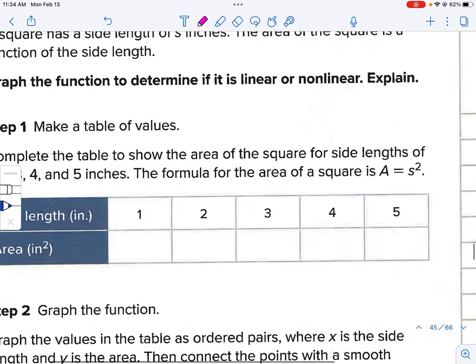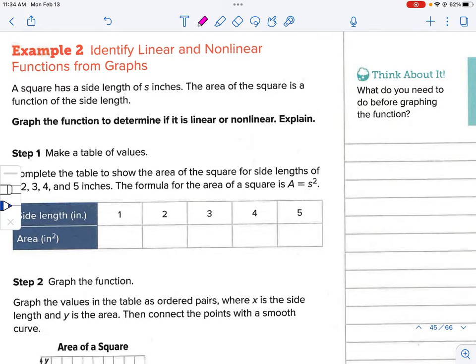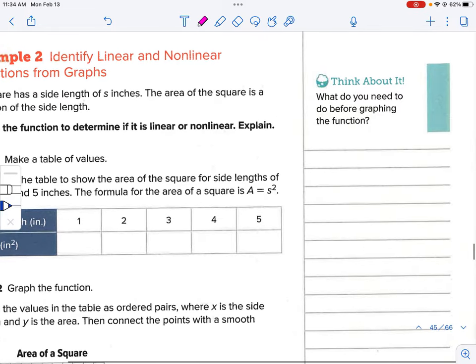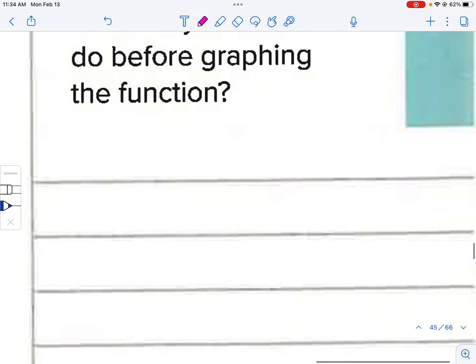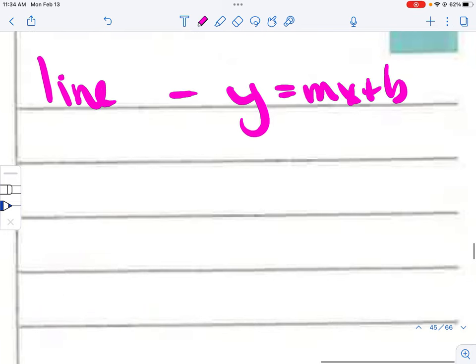Okay, so this next one, we have words now. Well, let's think about it. If I have a line, that means it's in the form y equals mx plus b. As a line, it has to be in y equals mx plus b, where y has an exponent of 1 and x has an exponent of 1.